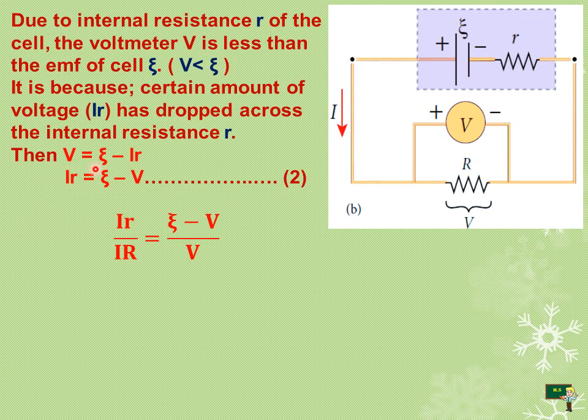Therefore, V is equal to psi minus Ir, or Ir is equal to psi minus V. Let us take this as equation number 2.